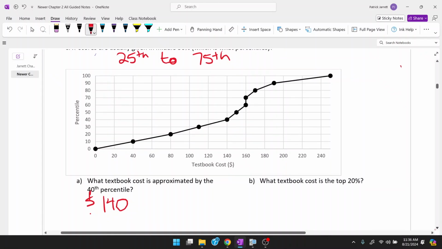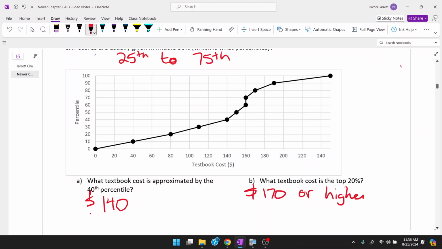What would you go with for that one? $170 or higher. Now, top 20% is represented by what percentile? 80th.